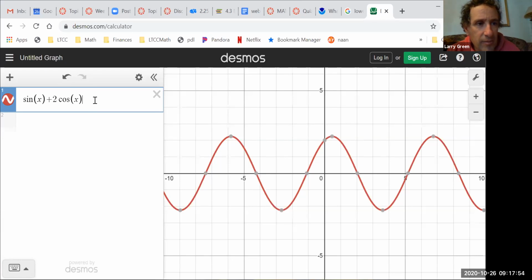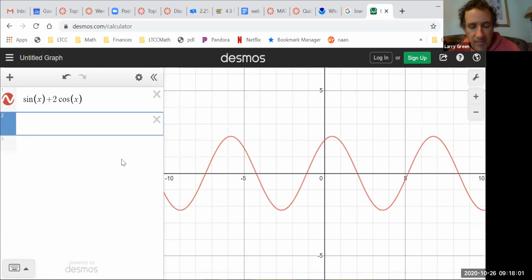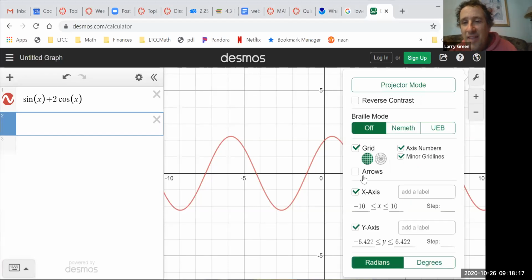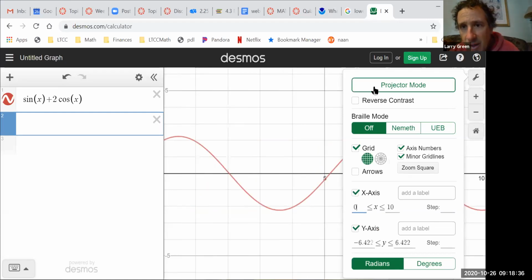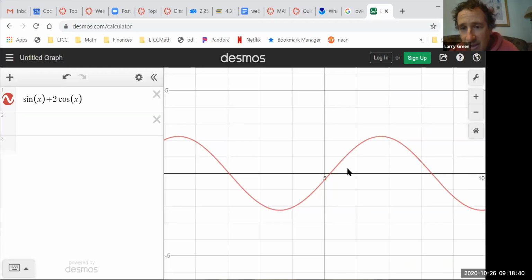I'm going to set the domain with Desmos. I'm going to say x is between 0 and 3.